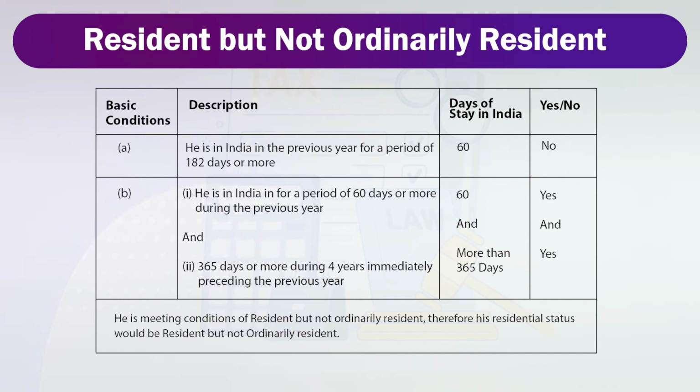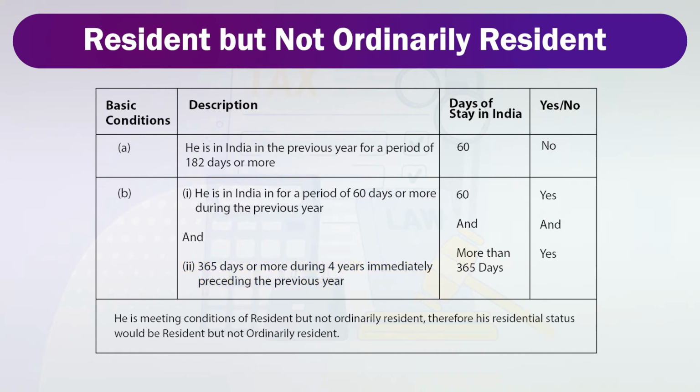Basic condition B says he is in India for a period of 60 days or more during the previous year. So, he is in India for 60 days. So, part of basic condition B is satisfied, and second part of basic condition B says 365 days or more during 4 years immediately preceding the previous year.